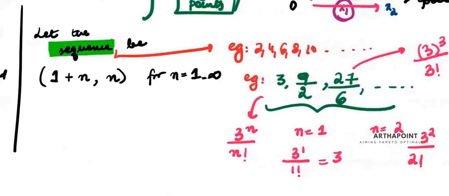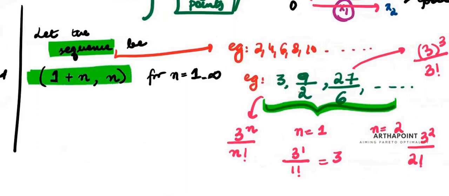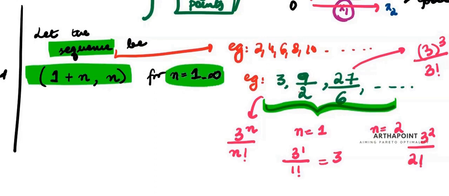So whatever patterned sequence I'm creating, whatever bundle you obtain for different values of n, over all those bundles, (2, 1) would be preferred. This is what I'm saying.